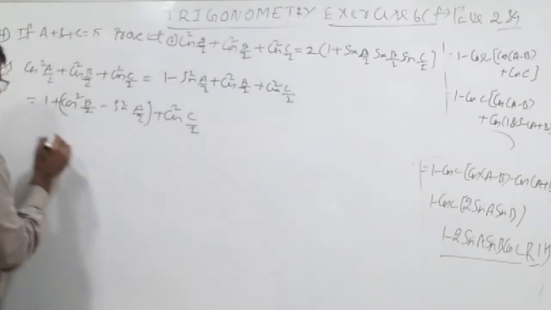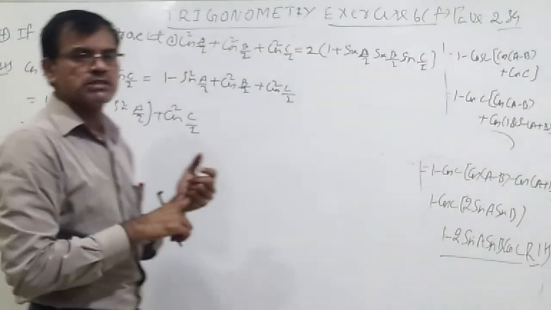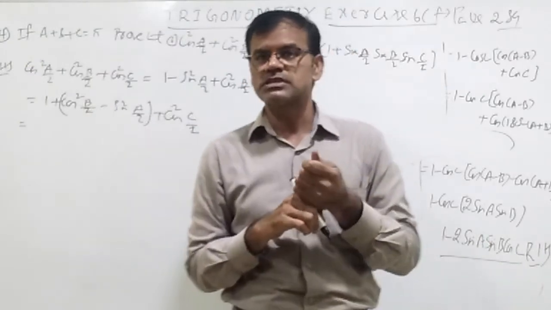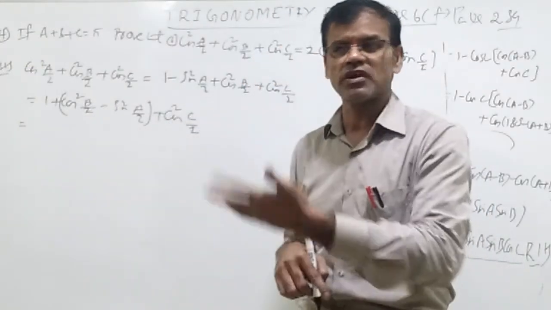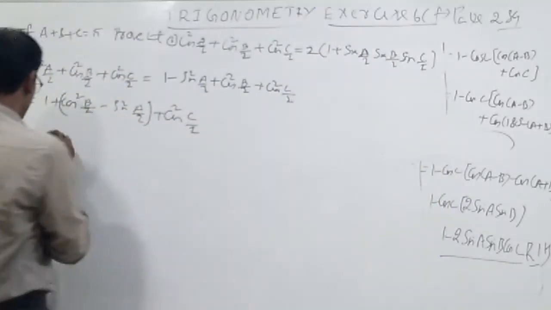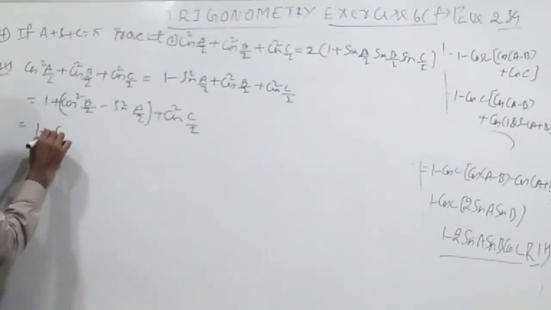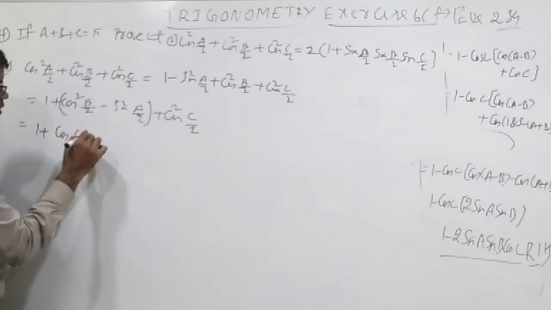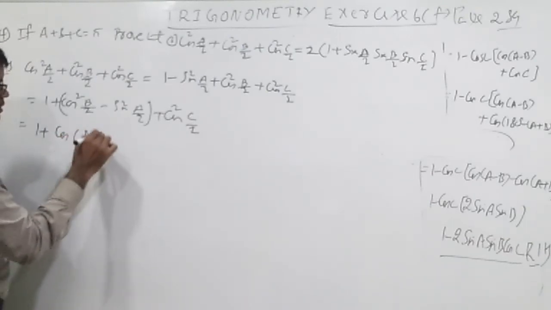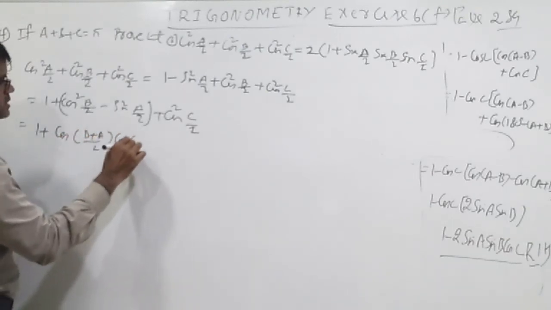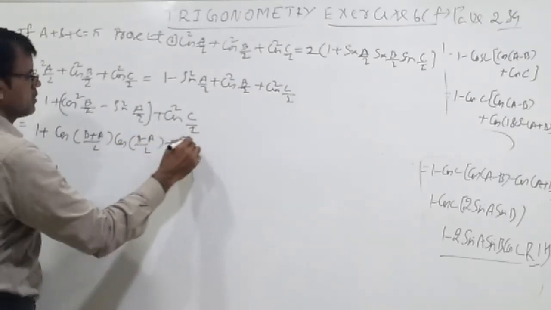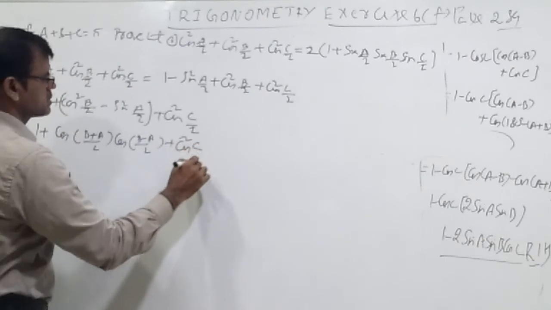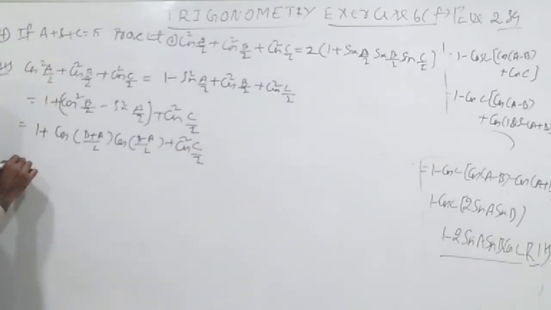Now the formula: cos of a plus b into cos of a minus b is cos square a minus sin square b. So you get cos of b plus a by 2 into cos of b minus a by 2 plus cos square c by 2, that is equal to 1 plus.